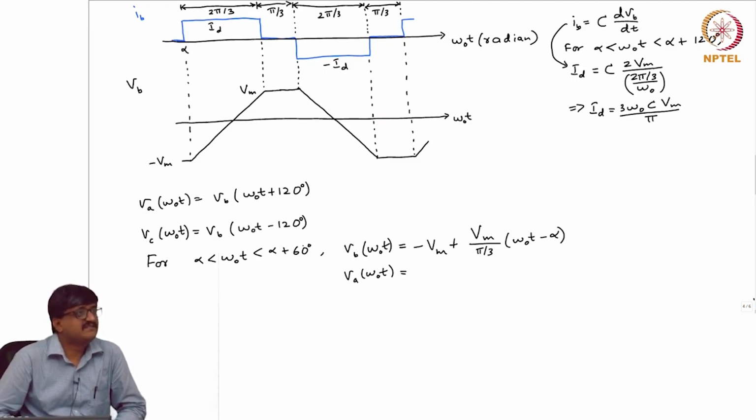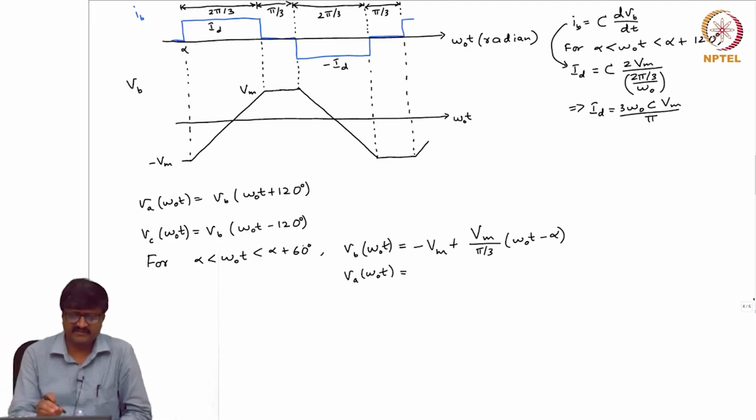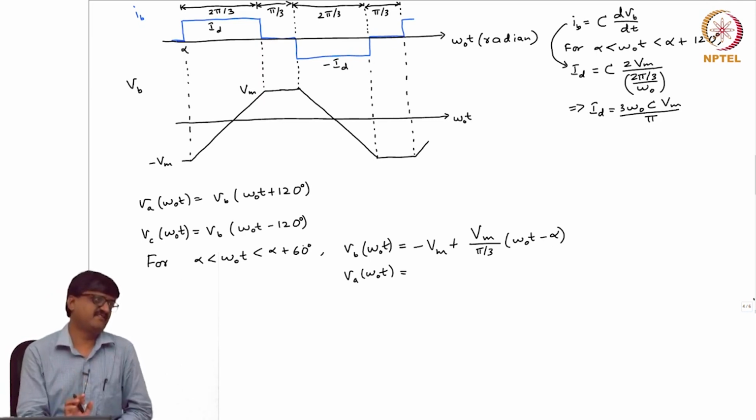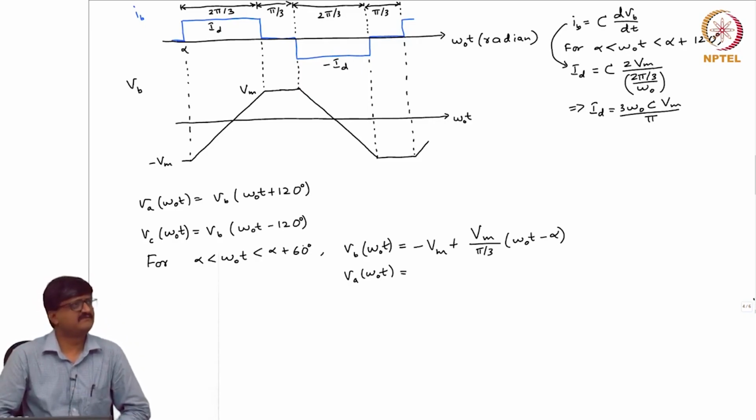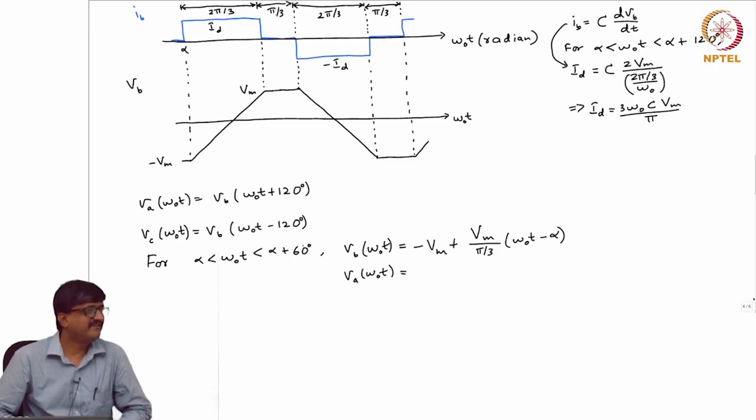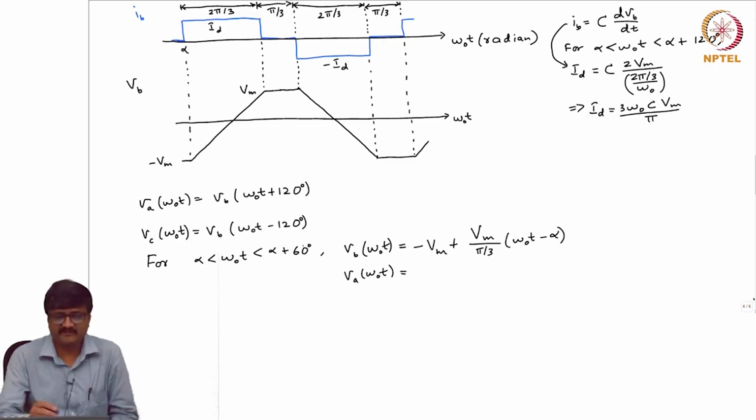From alpha to alpha plus 60, what is Va? It is nothing but Vm. See, from alpha to alpha plus 60, Va is Vm.